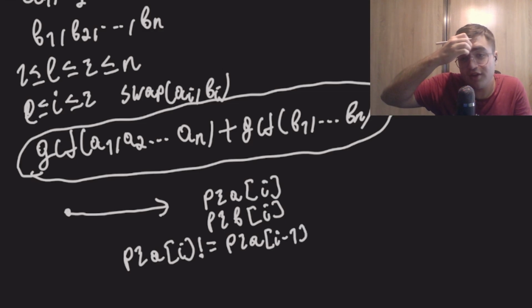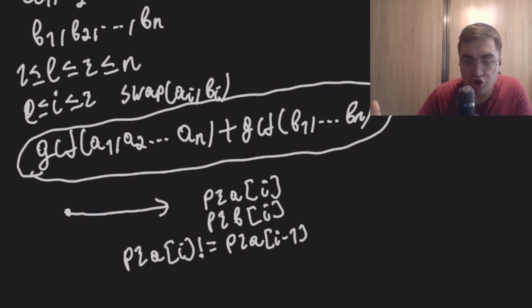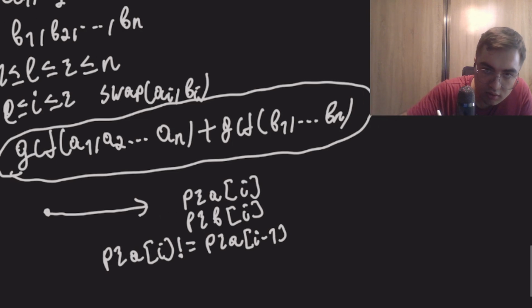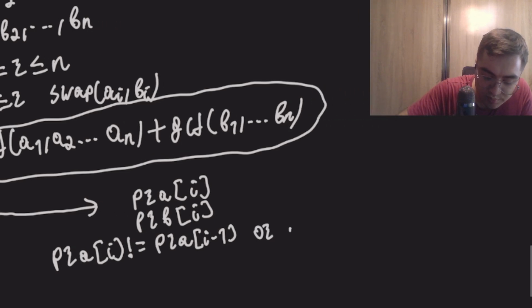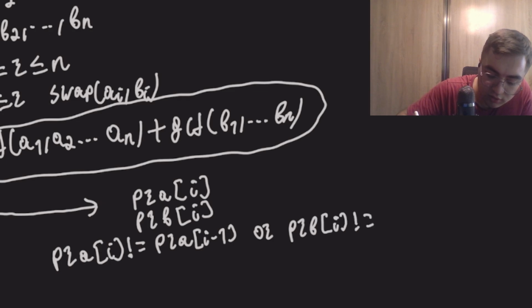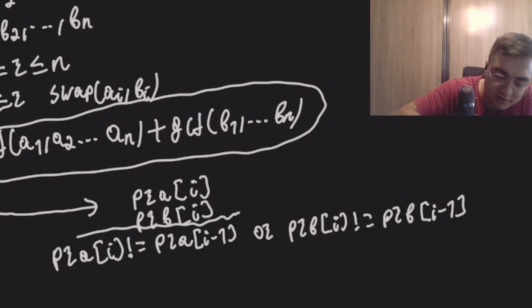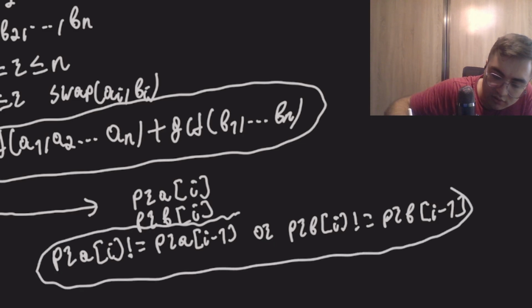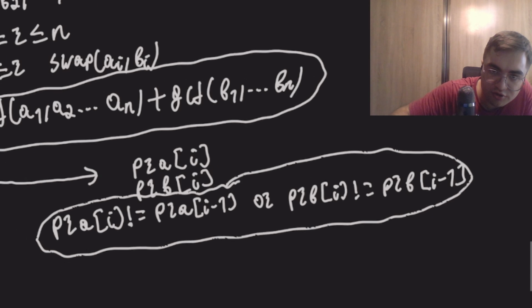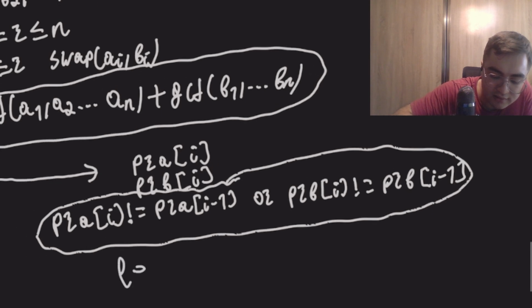So if the prefix GCD of array A changed, or prefixB_i does not equal prefixB_(i-1). So if the prefix GCD of array B changed, right? If any of this happened, then what we do is we can actually fix L to i-1 and then brute force on R.